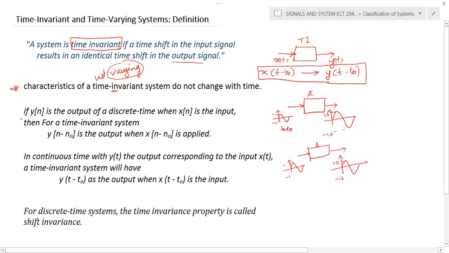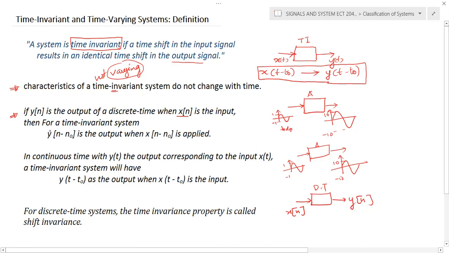And now we can describe the same definition in a mathematical way. We already mentioned that for a discrete time system, the input of the discrete time system is x of n. So here you can see that this is the system and the input is x of n and the corresponding output is y of n.